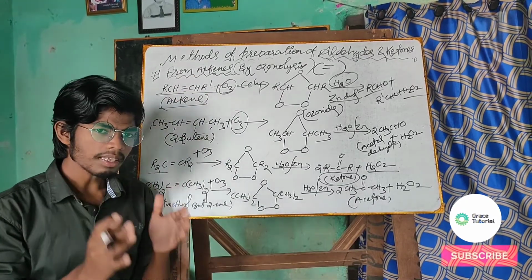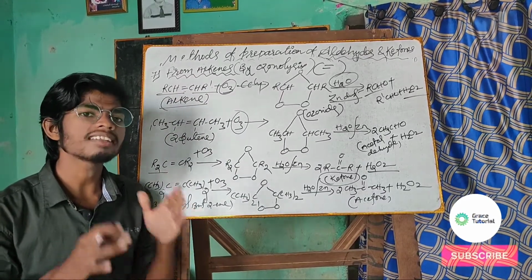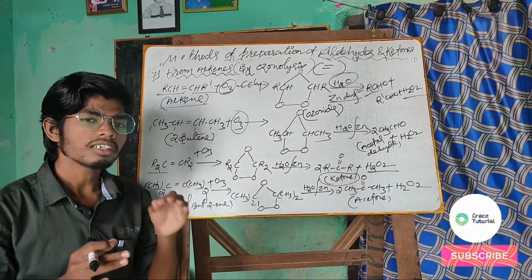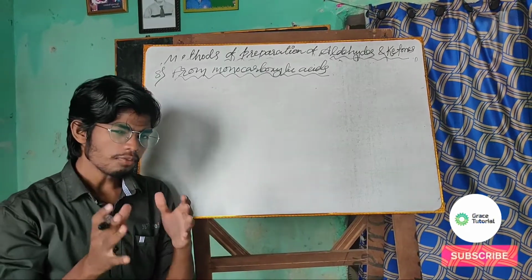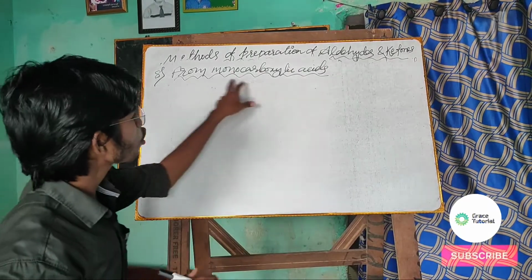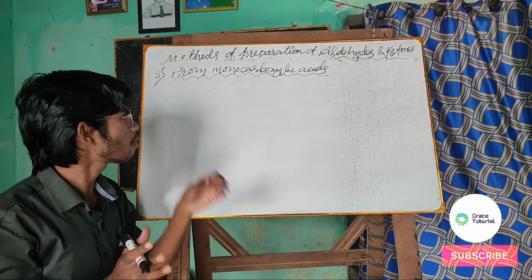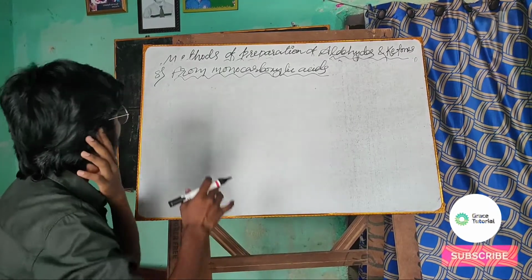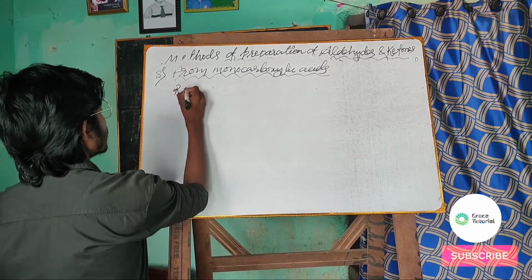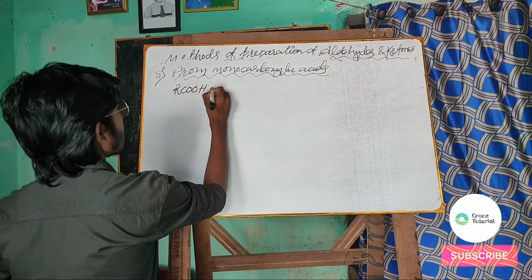And now we have the last method of the preparation of aldehydes and ketones, that is from carboxylic acids. Our intention is to see how aldehydes and ketones are prepared from monocarboxylic acid, RCOOH.